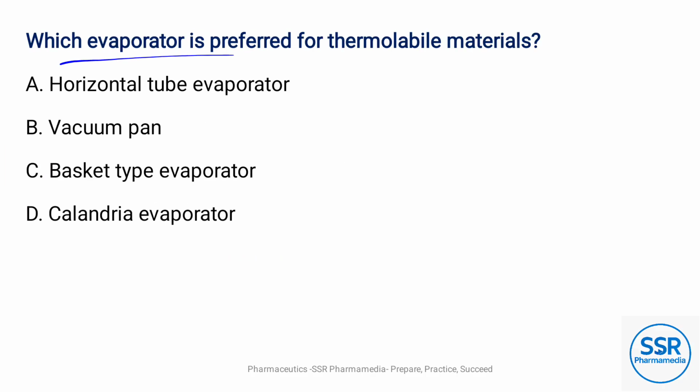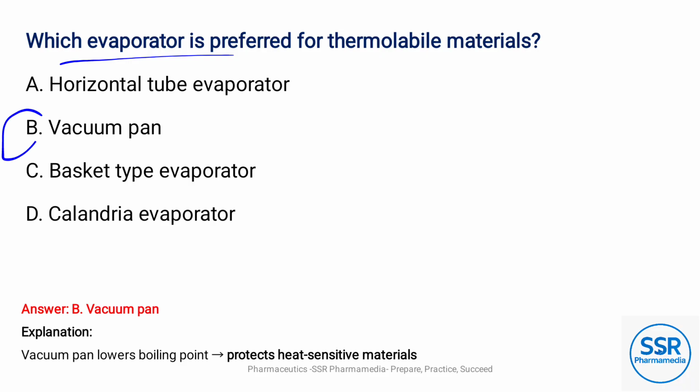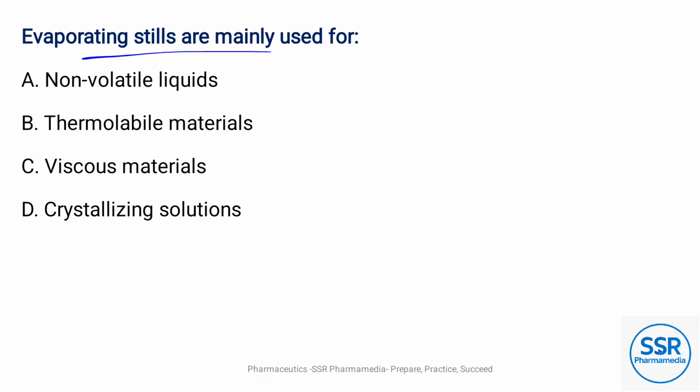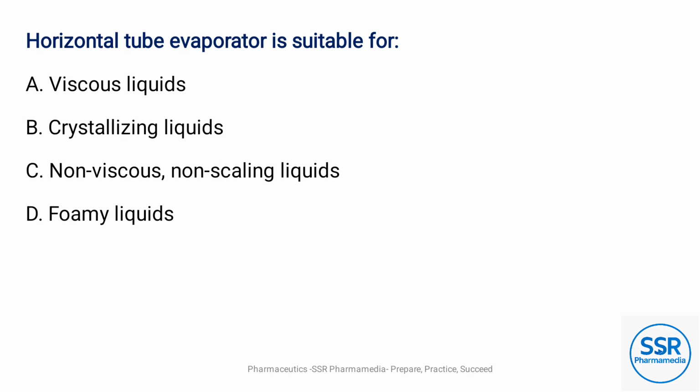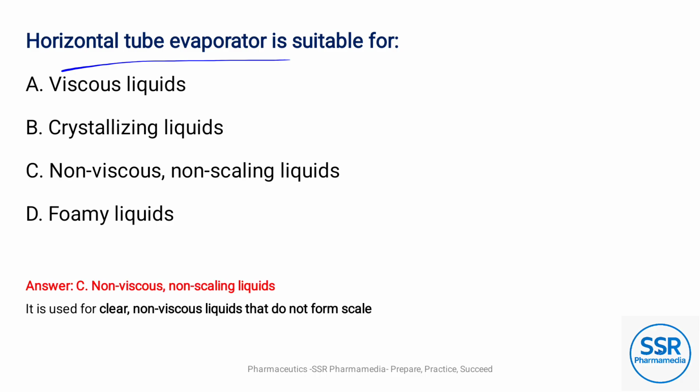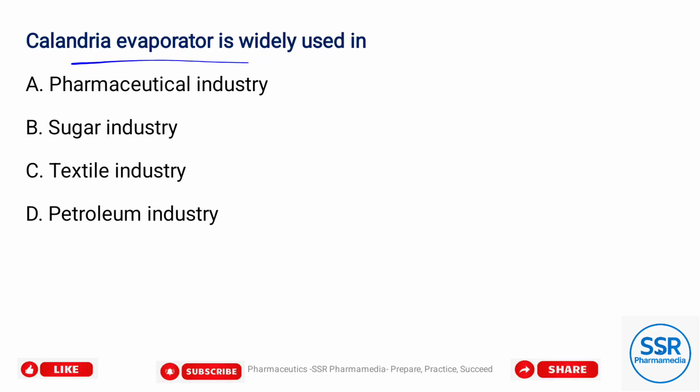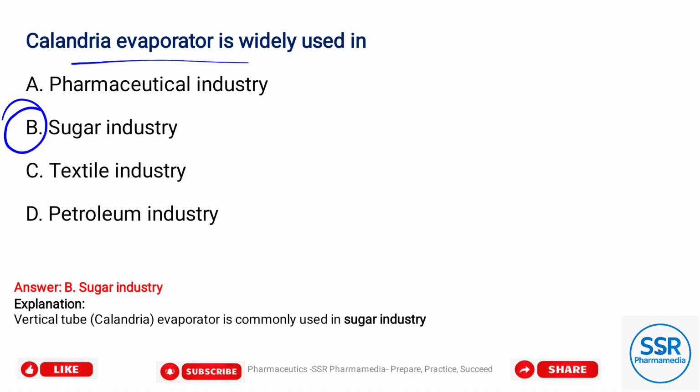Which evaporator is preferred for thermolabile materials? Option B, vacuum pan. Evaporating stills are mainly used for option B, thermolabile materials. Horizontal tube evaporators are suitable for option C, non-viscous, non-scaling liquids. Calandria evaporator is widely used in option B, sugar industry.